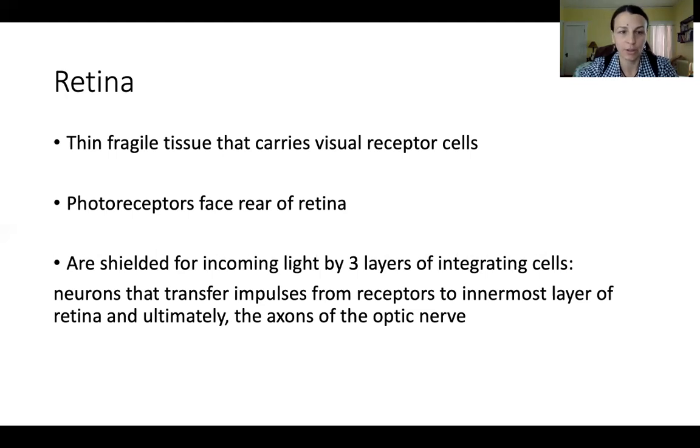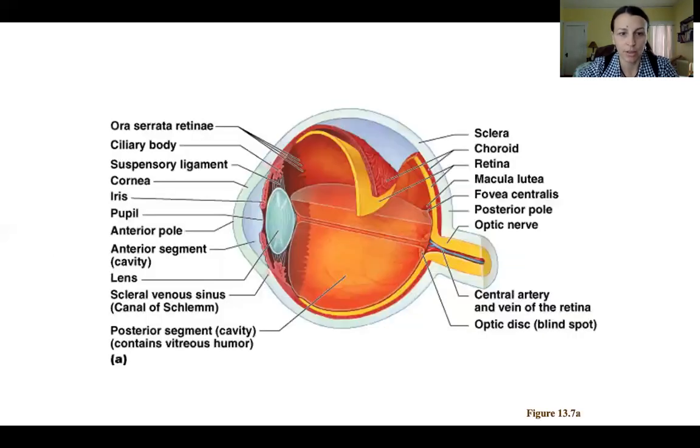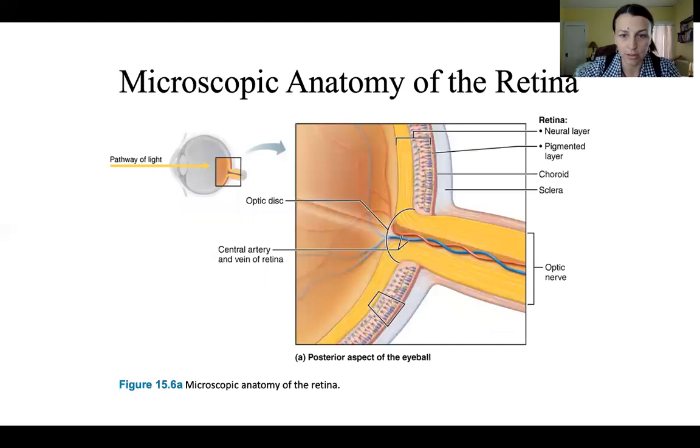So let me show you how this pathway goes in this image here. Light enters. This is called the optic disc. There's a space here so that the optic nerve can exit the eyeball. Your sclera actually covers almost the entire eyeball except for where this optic disc is located.